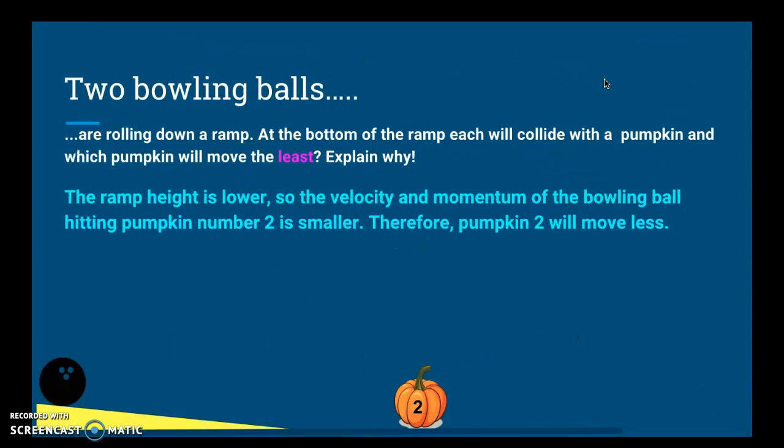It will be the ramp that is lower, the yellow ramp. The velocity of that bowling ball is less, so therefore the momentum is less. And when you hit that pumpkin with less velocity, therefore less momentum, it will move a shorter distance.